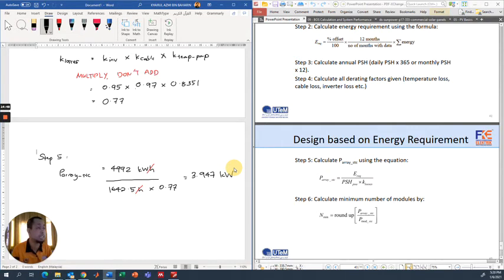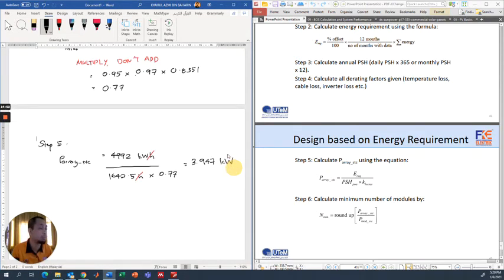Okay, this is the capacity of the PV array that we require to fulfill the client's request. For PV systems, there's another term we sometimes use to represent the capacity, which is kilowatt peak, but we reserve that for another topic. So 3.947 kilowatt.